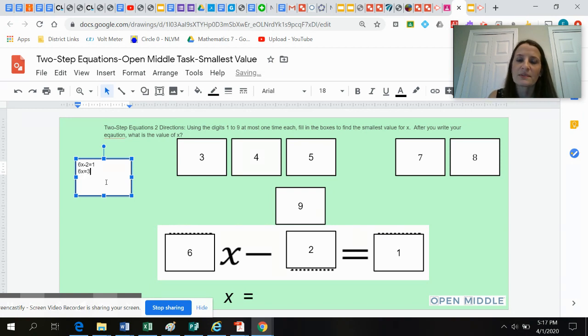Okay, and these are the steps that I want us to be able to do. So that means 6 times what number equals 3? Well, I would have to divide both sides by 6 in order to figure that out. So let me just show you that step. And I'll divide these. This line represents division. So let me divide both sides by 6.